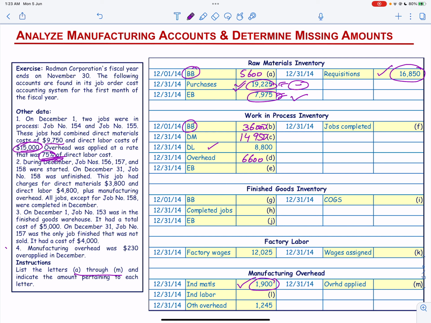Then we have the ending balance. Look here, during December job number 156, 157 and 158 were started.